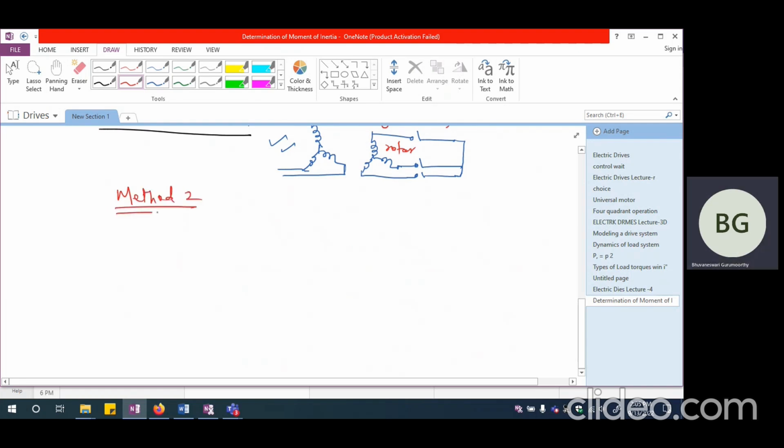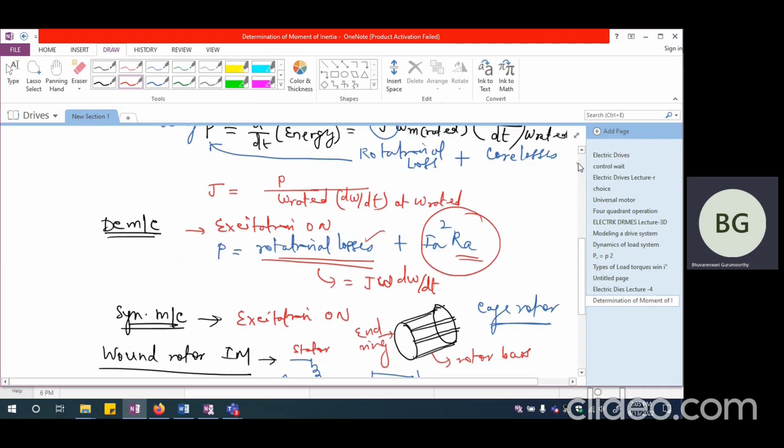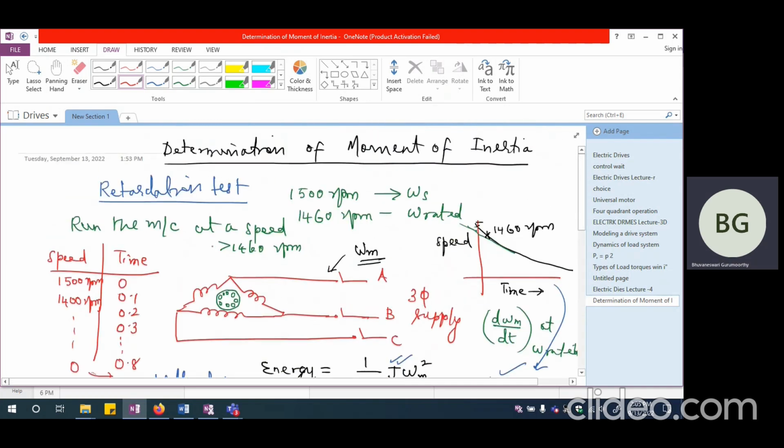So let me try to tell this. This is method 2. What we got here is method 1, where you try to get directly the moment of inertia as P divided by omega divided by d omega by dt.